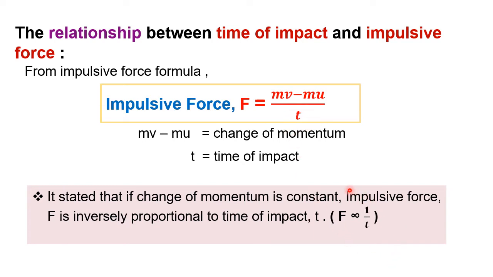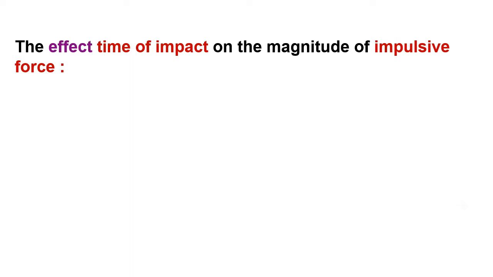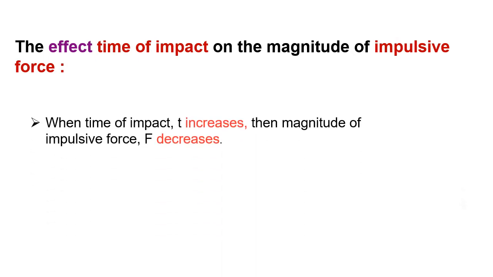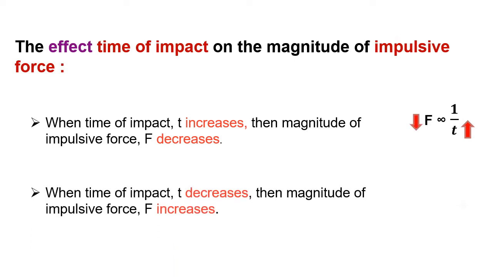So, it can be written as F is inversely proportional to t. From this relationship, we get the effect of time of impact on the magnitude of impulsive force. Firstly, when time of impact increases, the magnitude of impulsive force decreases. Second, when time of impact decreases, the magnitude of impulsive force increases.